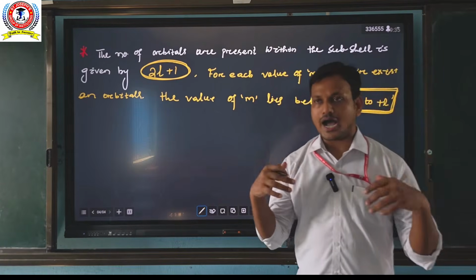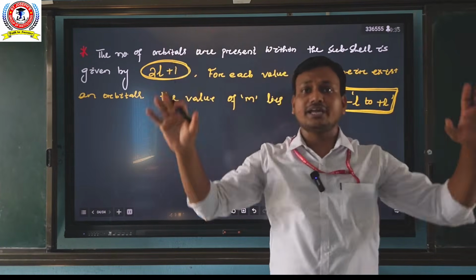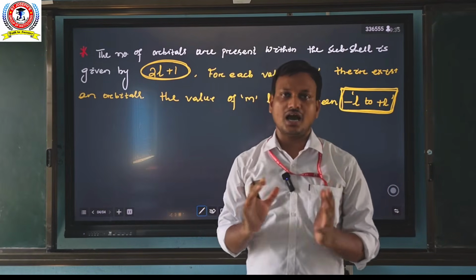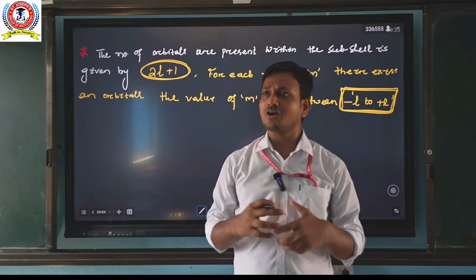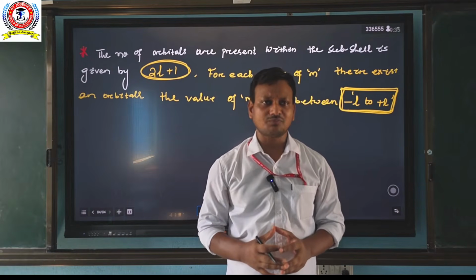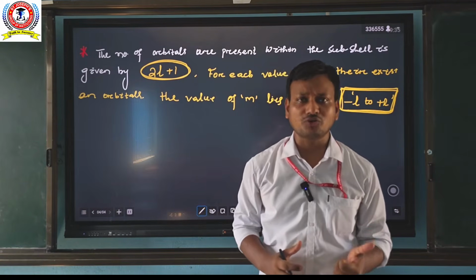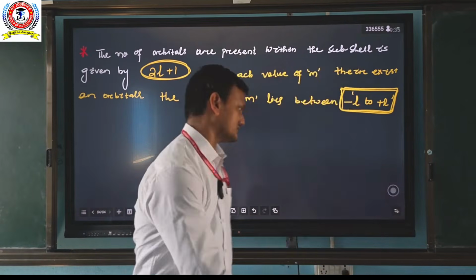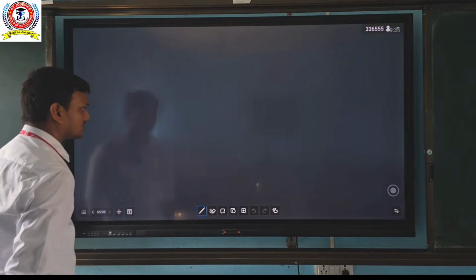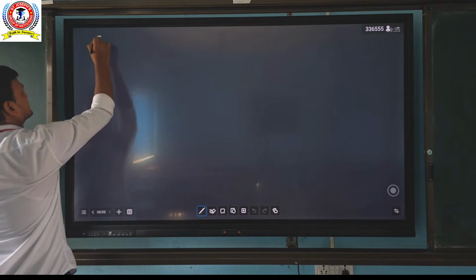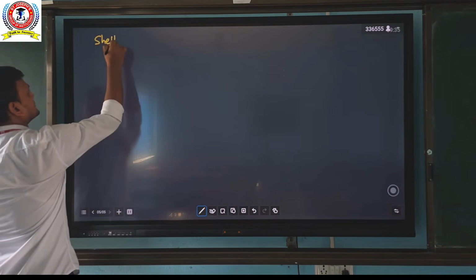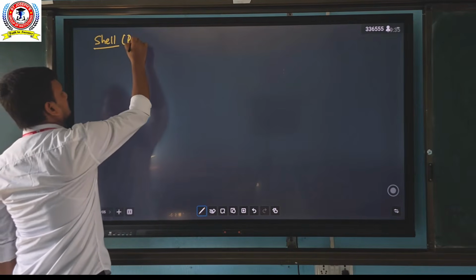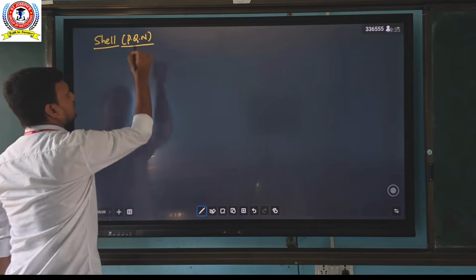Now I want to give you the complete information of shell, subshell and orbitals, and after completing this concept, I want to give you some formulas that come from this concept. Suppose this is your shell, which is given by the principal quantum number.